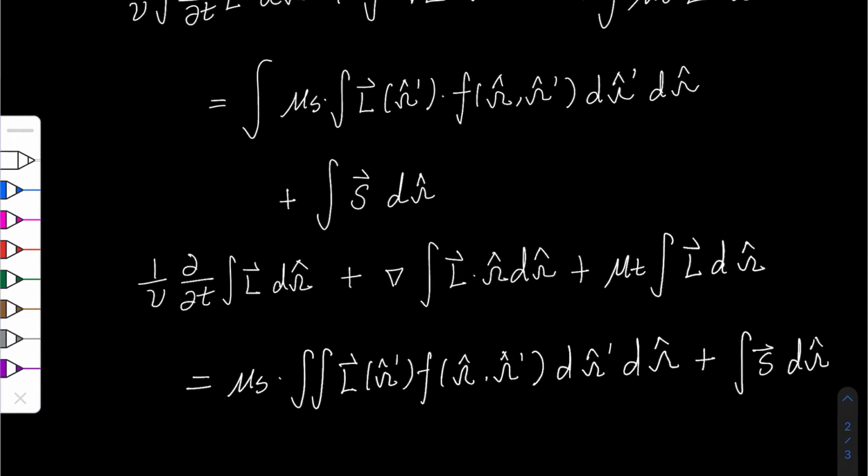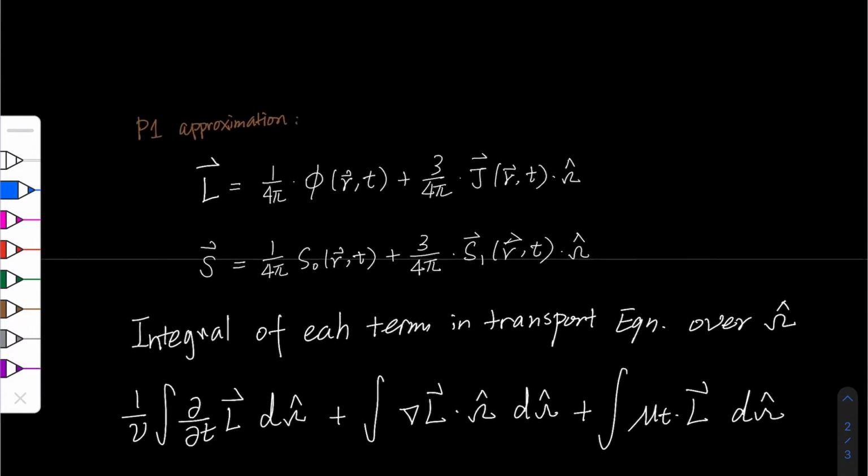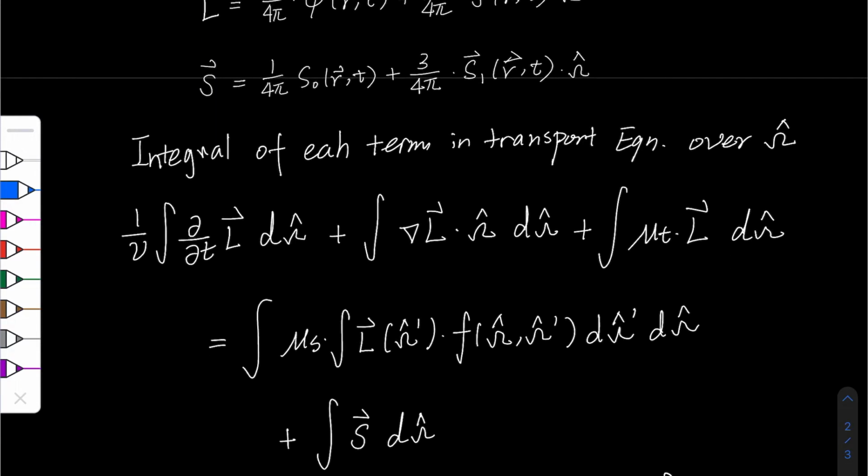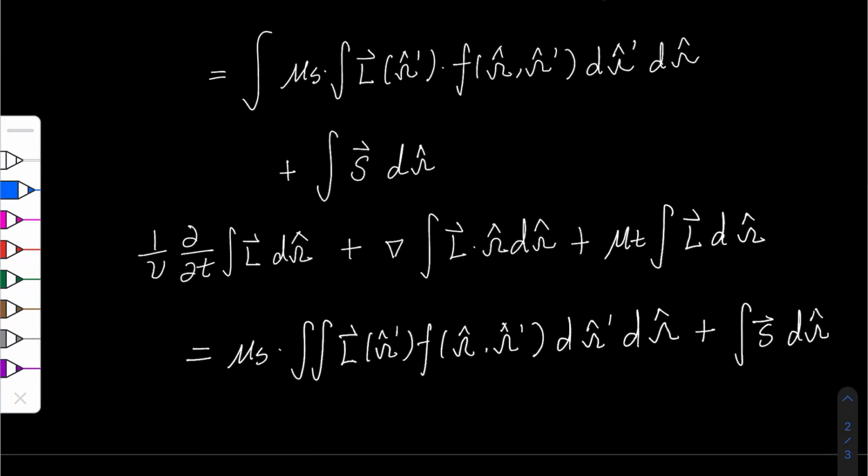From the definition of photon fluence and photon flux, we can further simplify the terms in this equation. For the first one, the integral over omega hat of the L function is defined as the photon fluence phi.